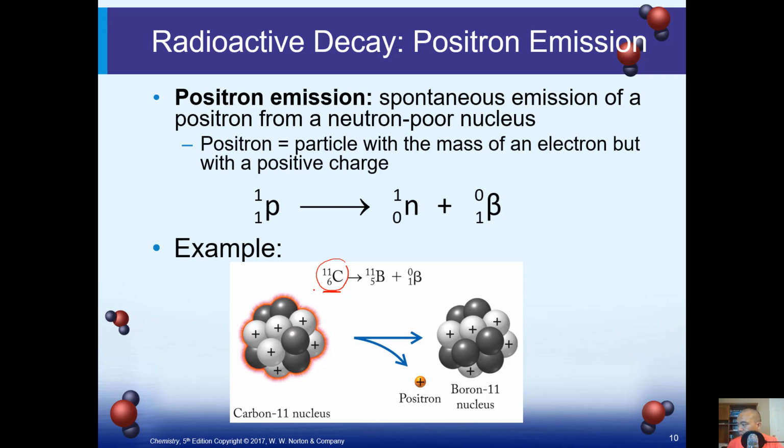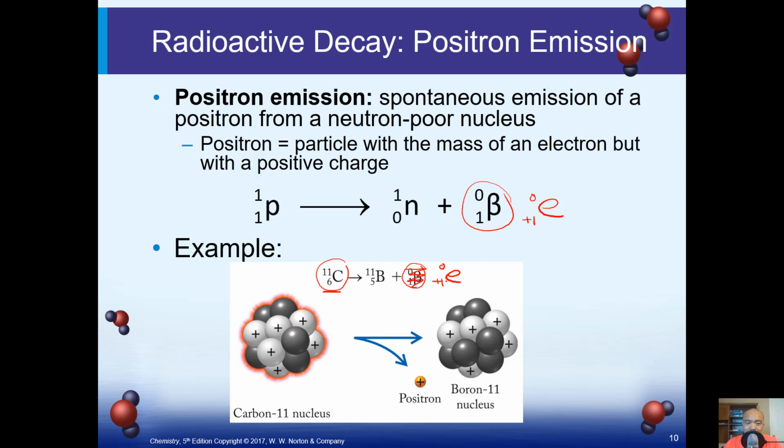Please also pay attention to the isotope notation for positron. Many times it's written as e with 0 as the superscript and +1 as the subscript to indicate the positive charge. So we can also write it as e +1.